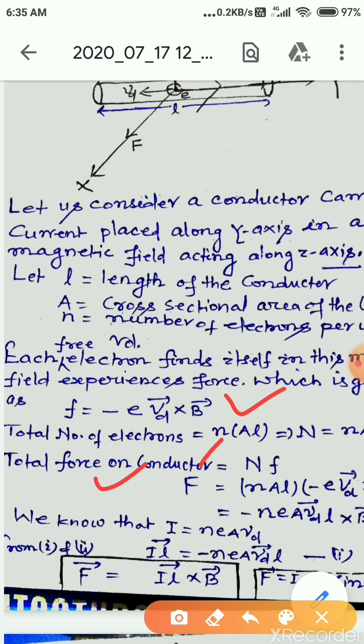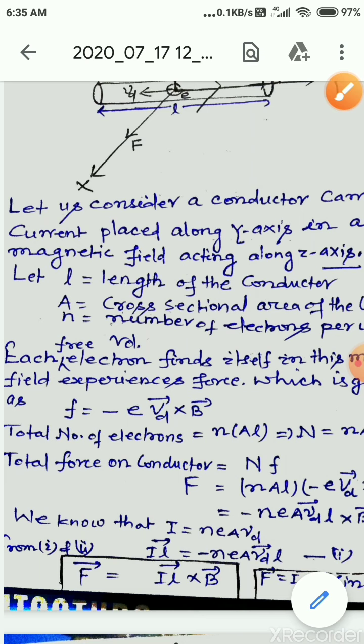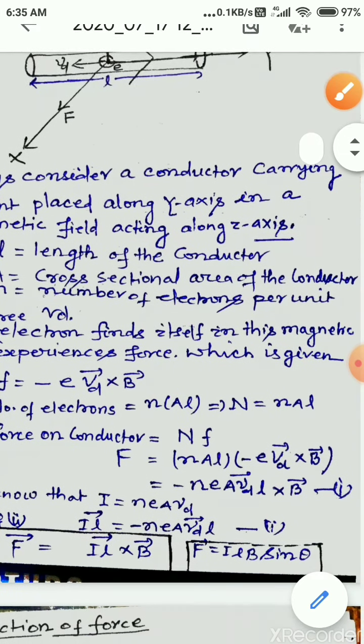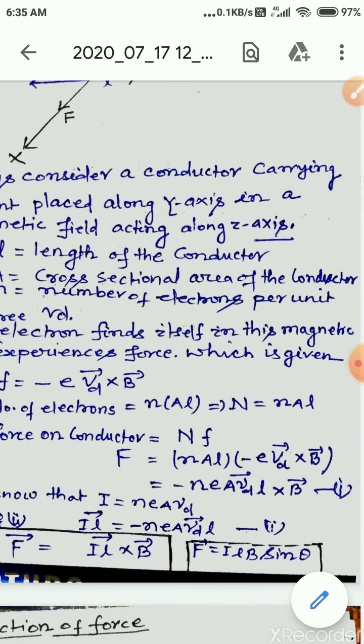The total force on the conductor is the sum of all the forces acting on all the free electrons inside the conductor, so this is equal to nAL into F. Now put the value of n and F, we will get equation 1.